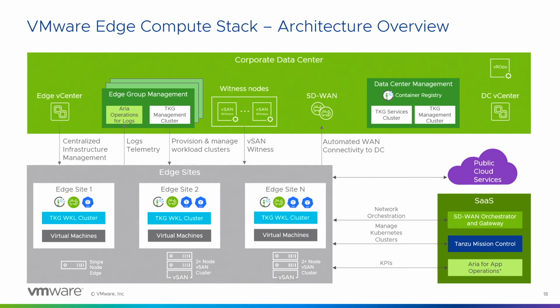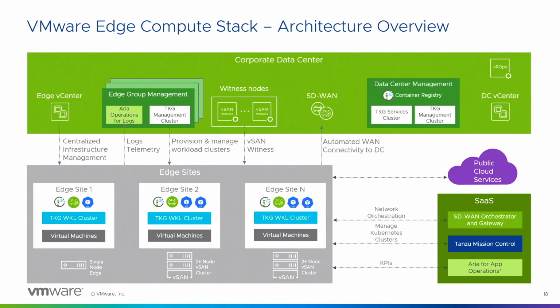In the bottom there, we're basically showing the different types of edge sites. Typically, they can be a single node, two node, or a 3-node cluster. You would run your TKG workload cluster there, along with a local Harbor if needed. Those edge sites will also talk to multiple SaaS components.